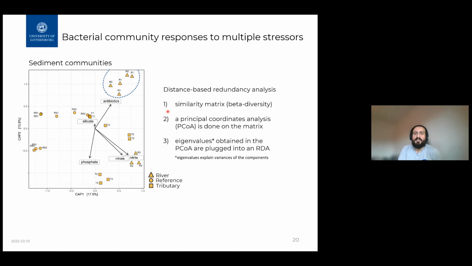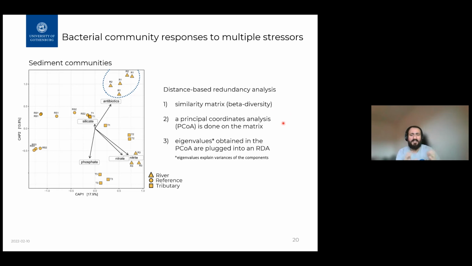Literally, there are three key steps to conduct this analysis. You need a similarity matrix, which is actually our beta diversity information. Then you analyze this matrix through a principal coordinate analysis, and then you assess the explanatory power, through eigenvalues, of each of these variables.